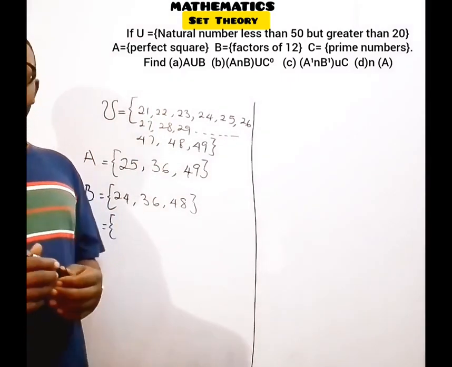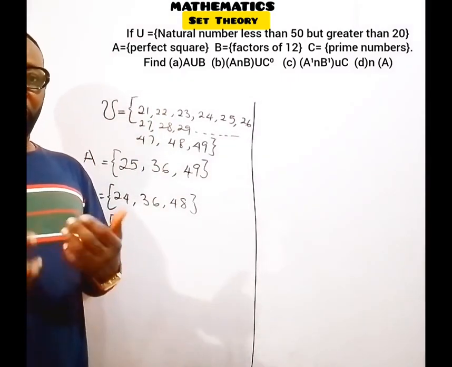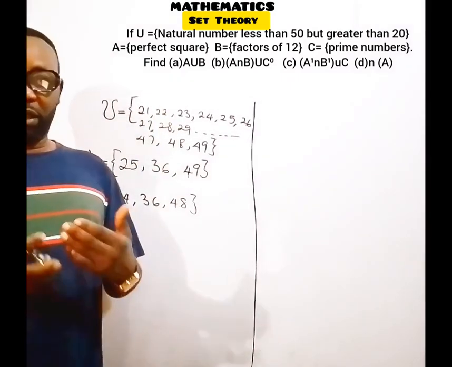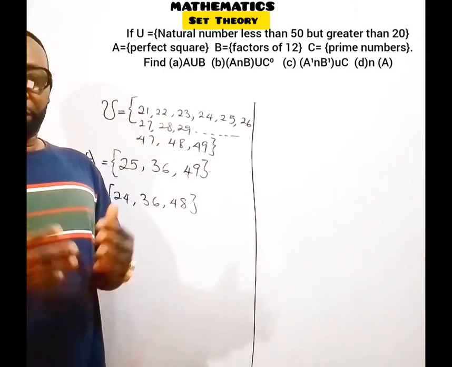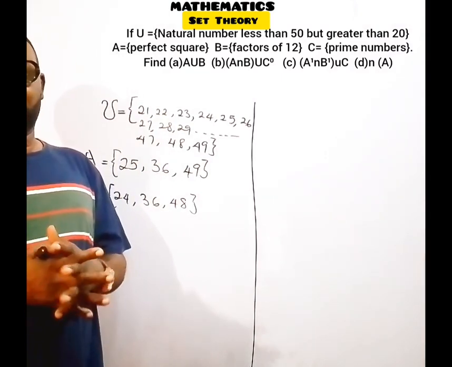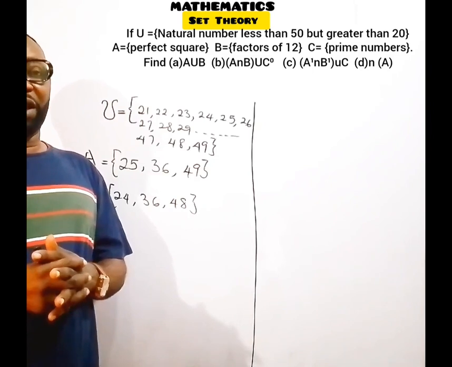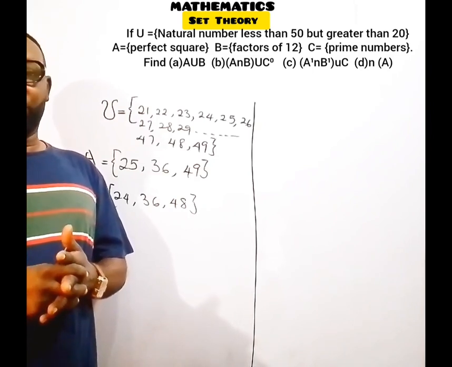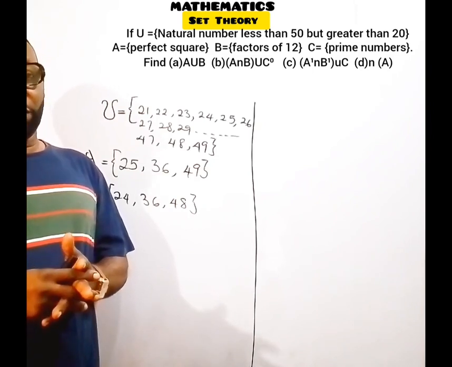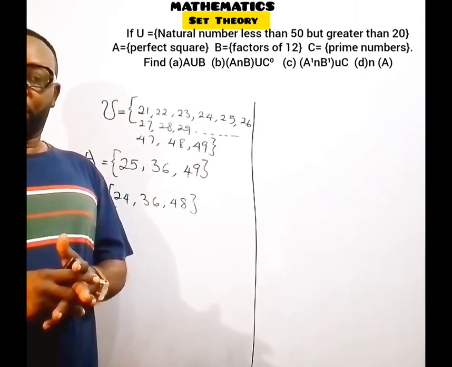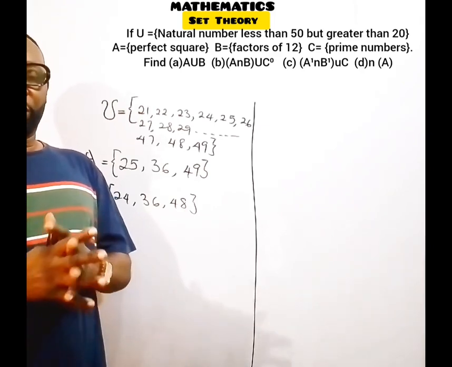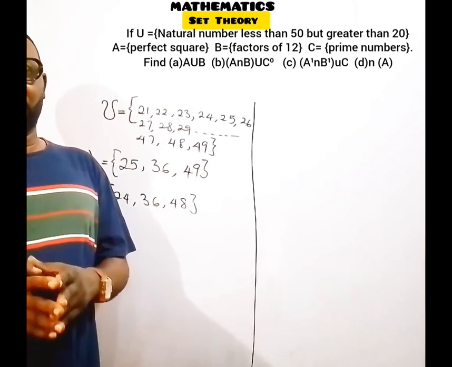Now, what is a prime number? We have been talking about it in this class over and over again. I'm still going to mention it again. Prime numbers are numbers that can only be divided by 1 and itself. If you use any other number to divide, you are going to have a remainder. For us to have a whole number, you must only divide it by 1 and itself alone.